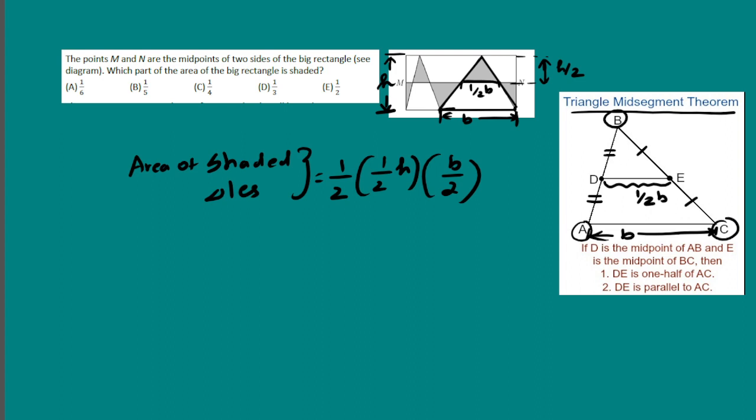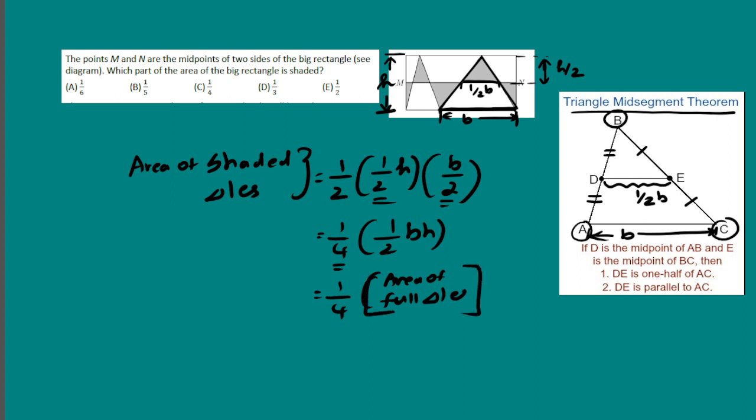B is the width of the original triangle. If you multiply the 2 and 2, you will see half bh multiplied by 1 by 4. So each of these shaded triangles will be 1 by 4th of the area of the full triangle.